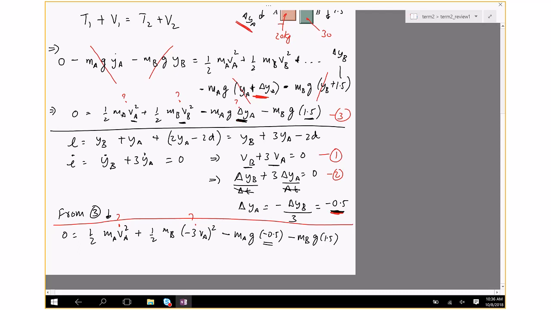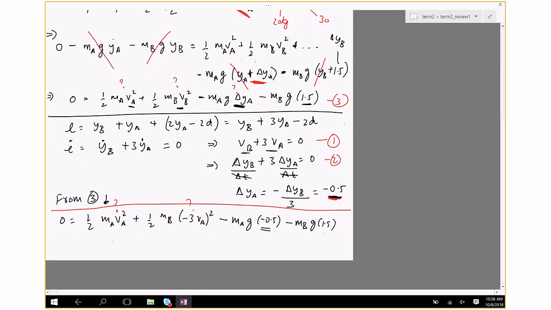So this is probably the cleanest way of doing it. Okay, if you solve for VA, you get 1.54, and VB you get 4.62.